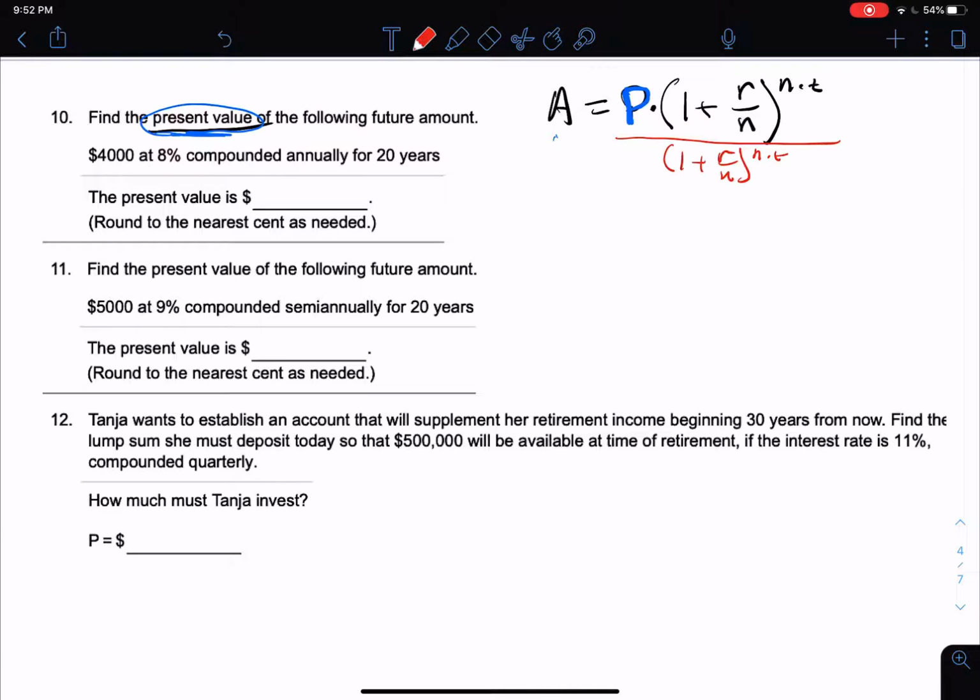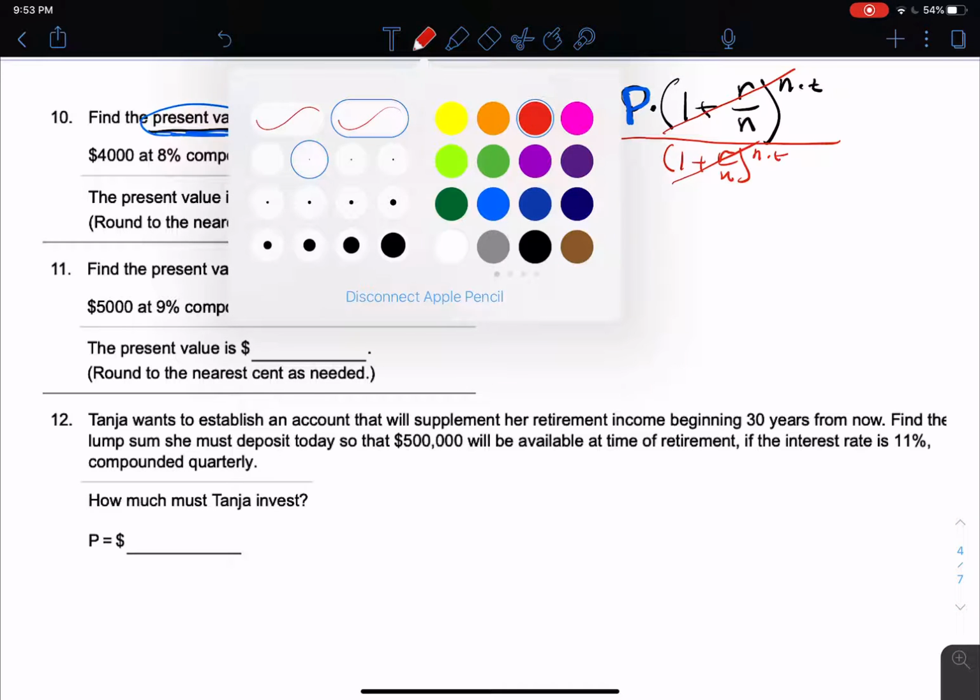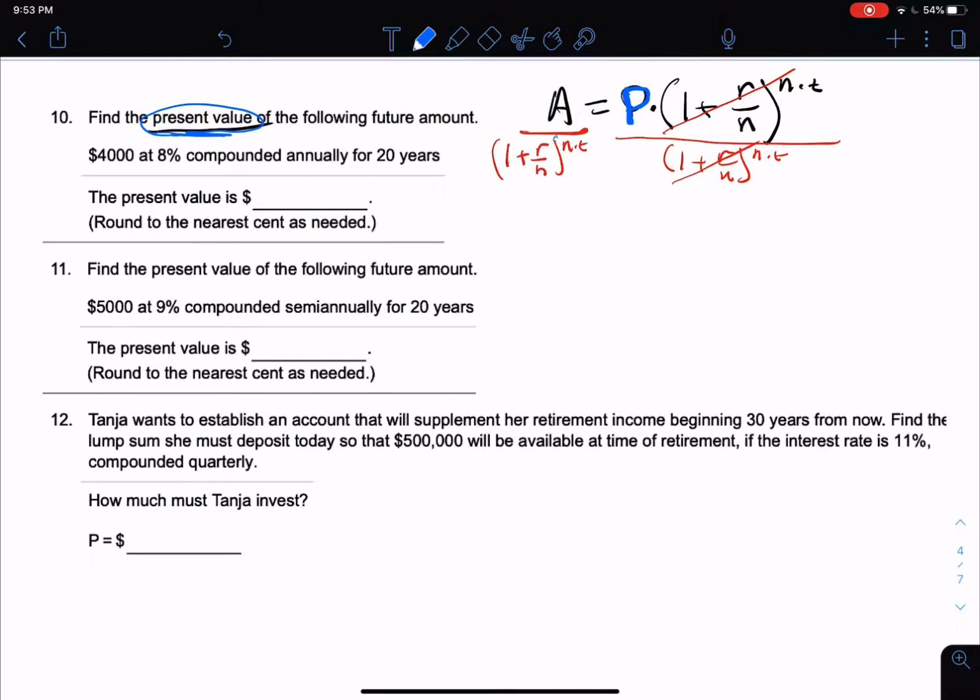It's identical, and when you have same exact factors, you get to cancel or reduce those factors. If I divide the right by that, I must also divide the left by that same value, 1 plus r divided by n raised to the n times t. And we have ourselves a formula. Let me rewrite it and clean it up. So if you want the present value, you're going to solve for p.